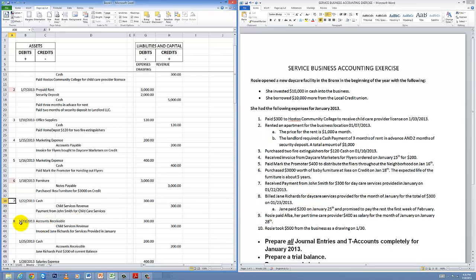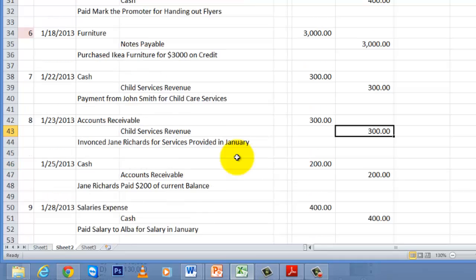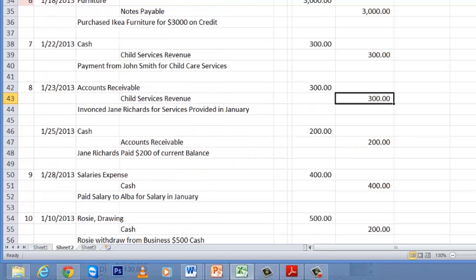So on January 23rd, we sent a bill to Jane Richards for $300, and we recorded service revenue of $300. No cash has been exchanged. However, this is money that we already earned because it's a service that we already provided.